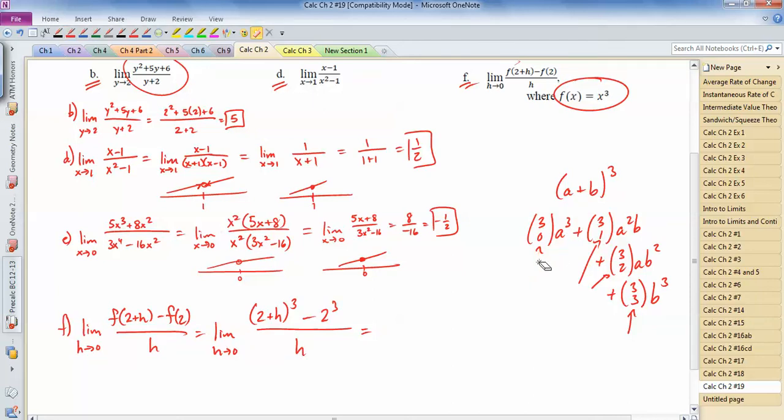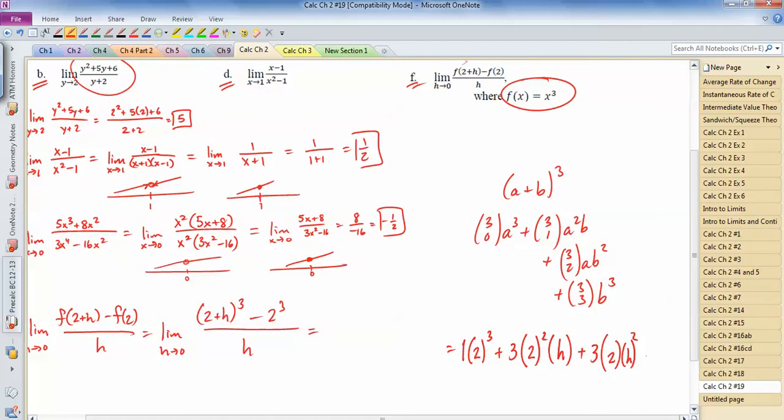So let's work this out a little more carefully. So this ends up being 1 times a cubed, which is 1 times 2 cubed, plus 3, a is 2, and b is h, plus 3, a is 2, and b is h. And then 3 choose 3 is 1, and b is h cubed.